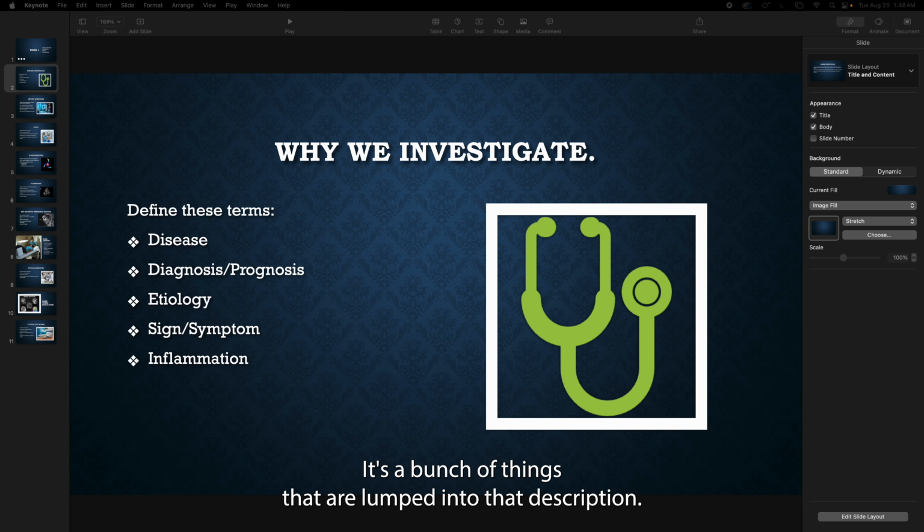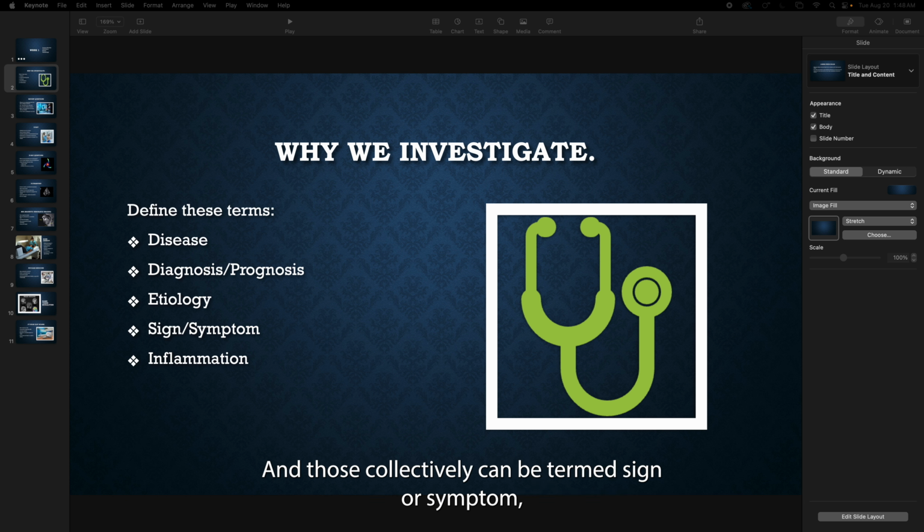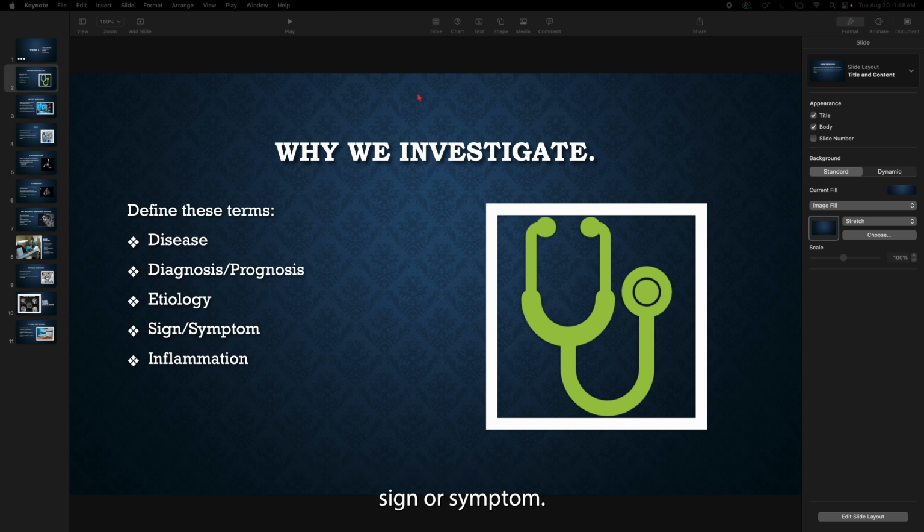There's a bunch of things that are lumped into that description. And those collectively can be termed sign or symptom. Sign or symptom. A sign is any observable or objective thing that you can notice about a condition, right?